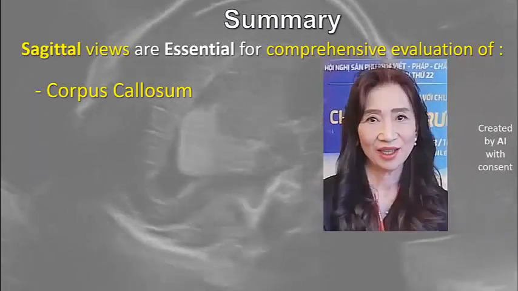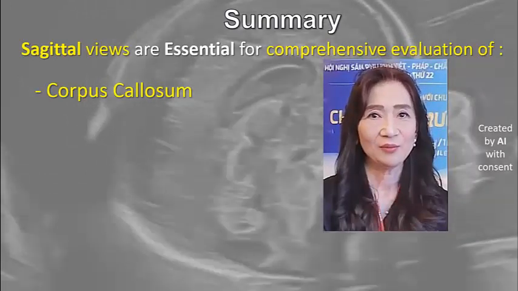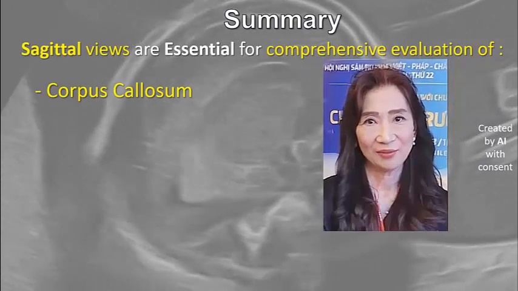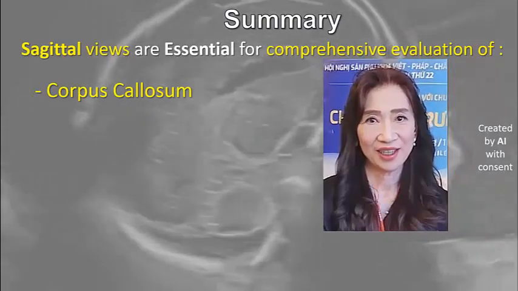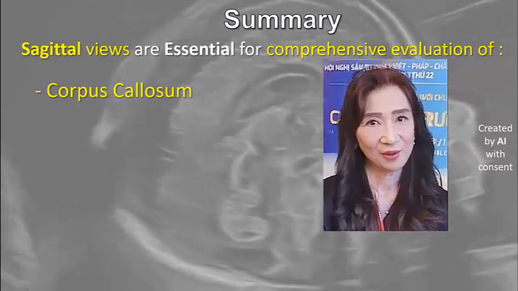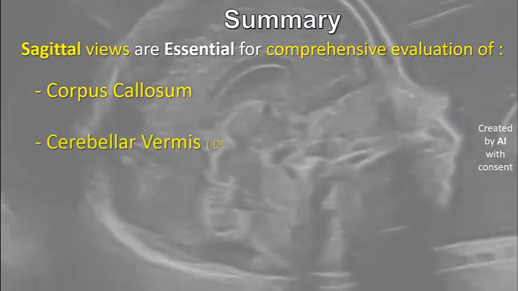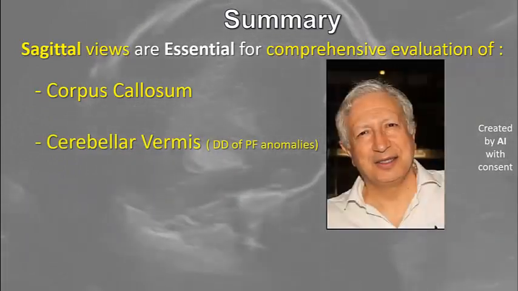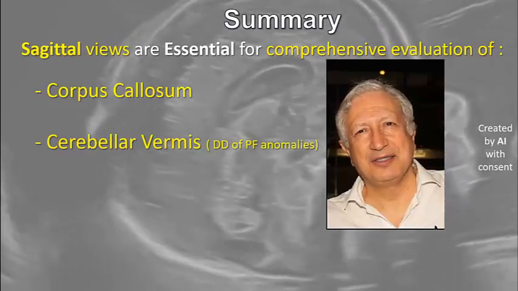As Guillermo said, the mid-sagittal view is crucial for a proper evaluation of the corpus callosum anomalies, especially in cases of partial agenesis or dysplastic corpus callosum. The sagittal view is the best for a comprehensive evaluation of the cerebellar vermis.